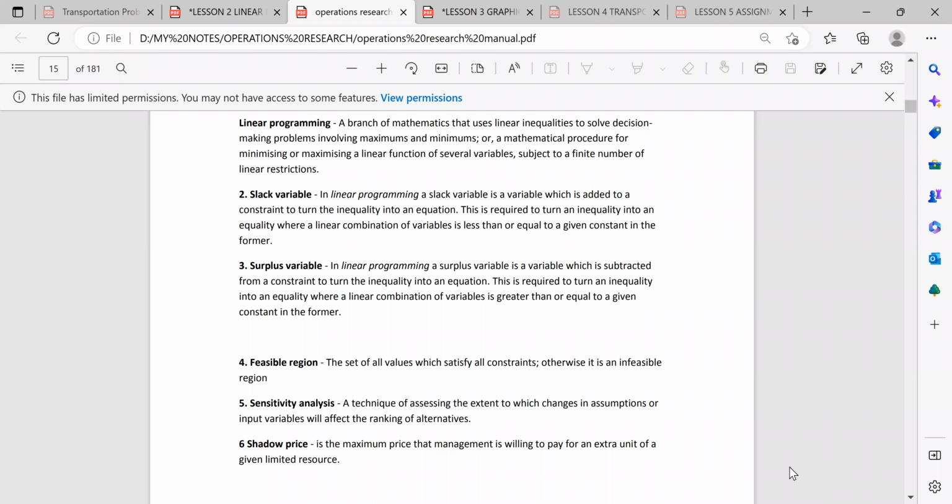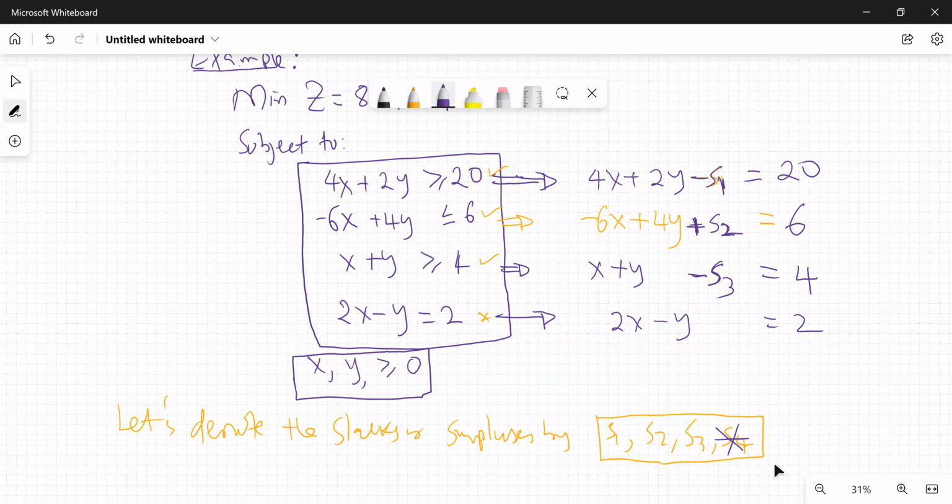If somebody asks you to calculate the values of S1, S2 and S3, is that very difficult? Because now you say at the optimal solution, sorry, here I did not give you this information.